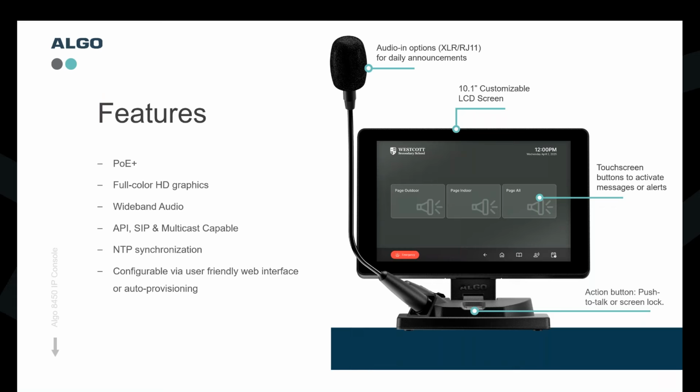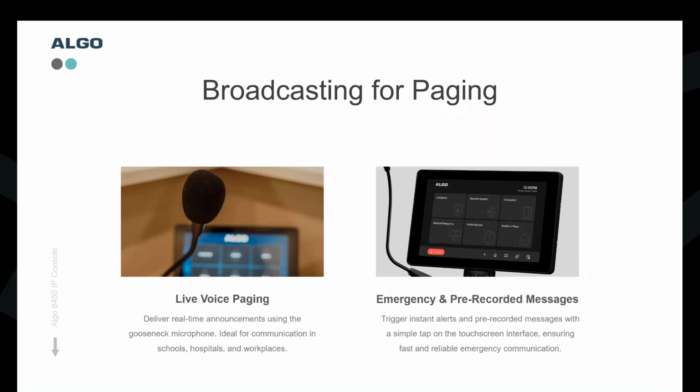There's also a dedicated push-to-talk button on the front of the device that you can click. Again, color HD, you can kind of see what it looks like there. Jumping into the next slide here, the 8450 really provides full situational awareness and fast, efficient alerting.